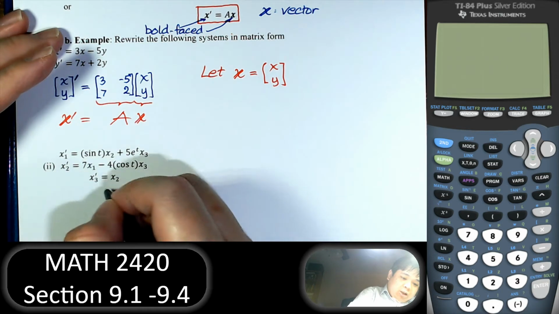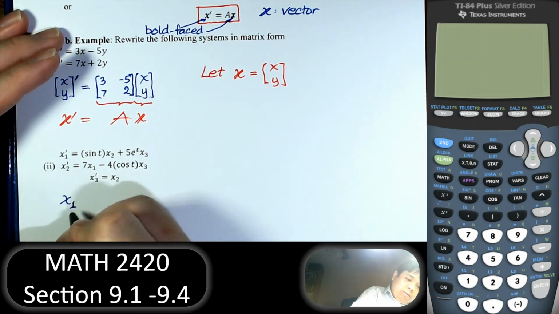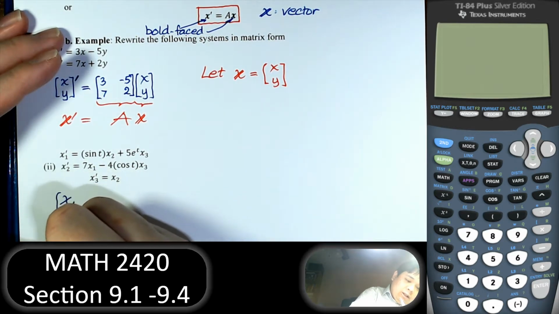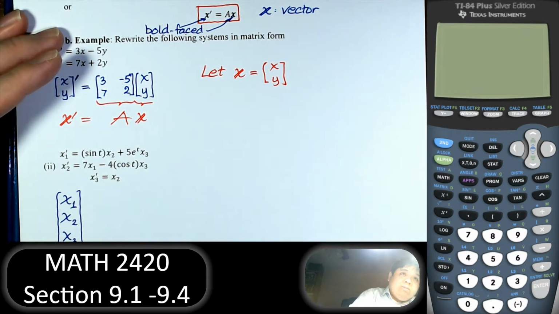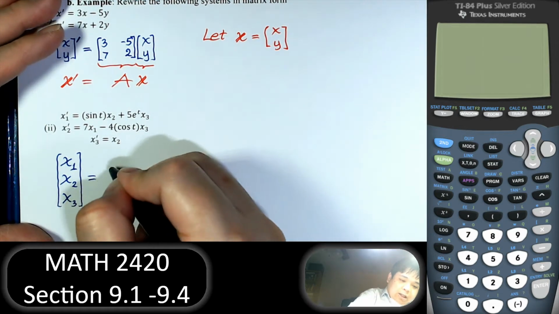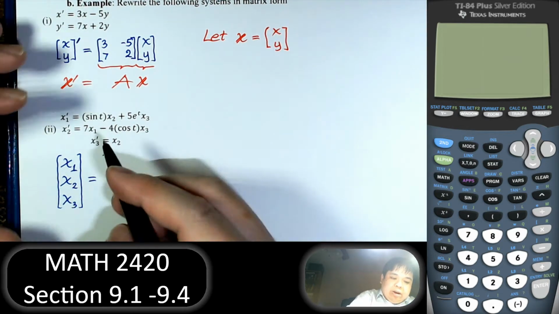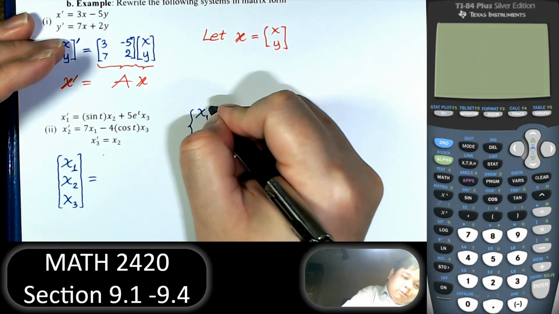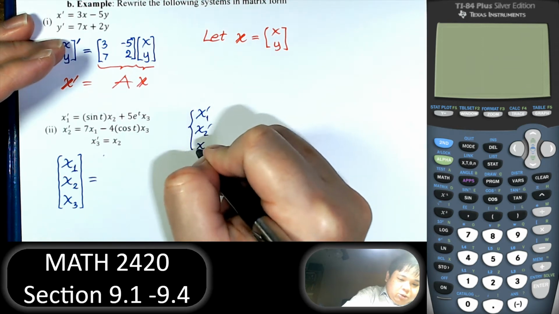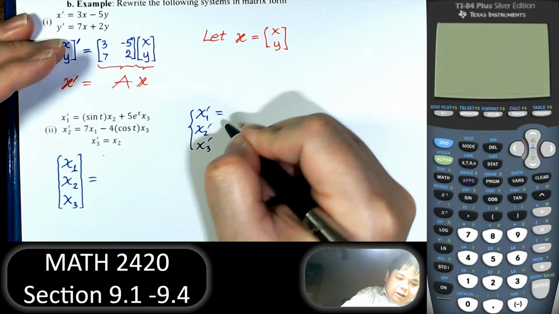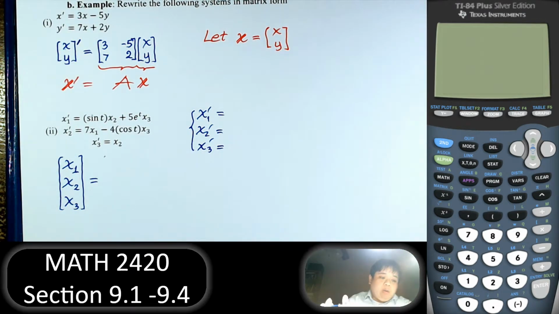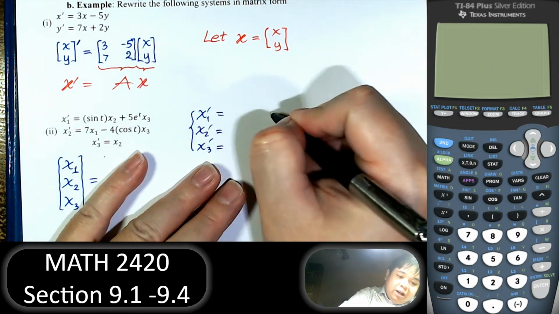If we have x1 prime, x2 prime, x3 prime, we can put all of them inside a vector, a matrix of one column. And then on the other side, let's just realign them first. x1 prime, x2 prime, x3 prime. Now, we have x1, x2, x3 on the left hand side, so on the right hand side we should have x1, x2, and x3 as well. If we don't have that, just add a space.